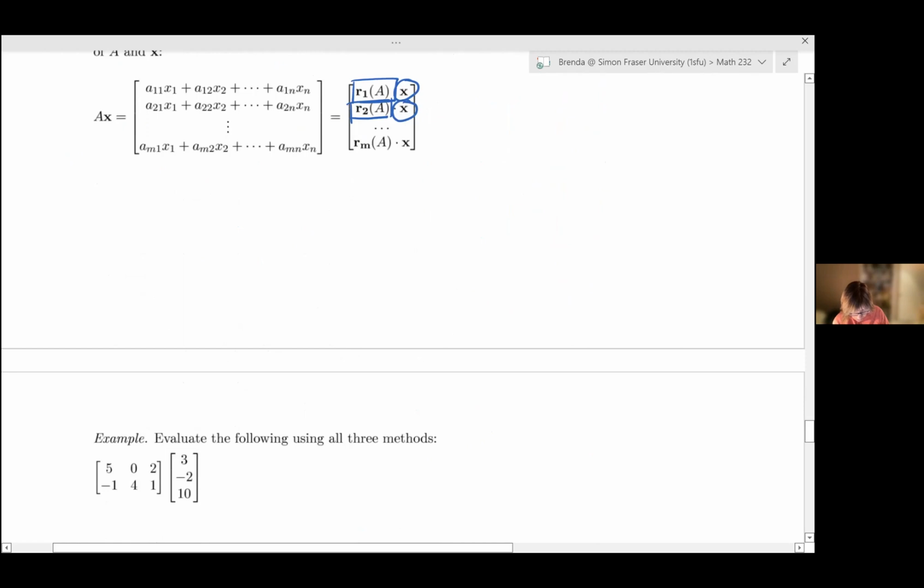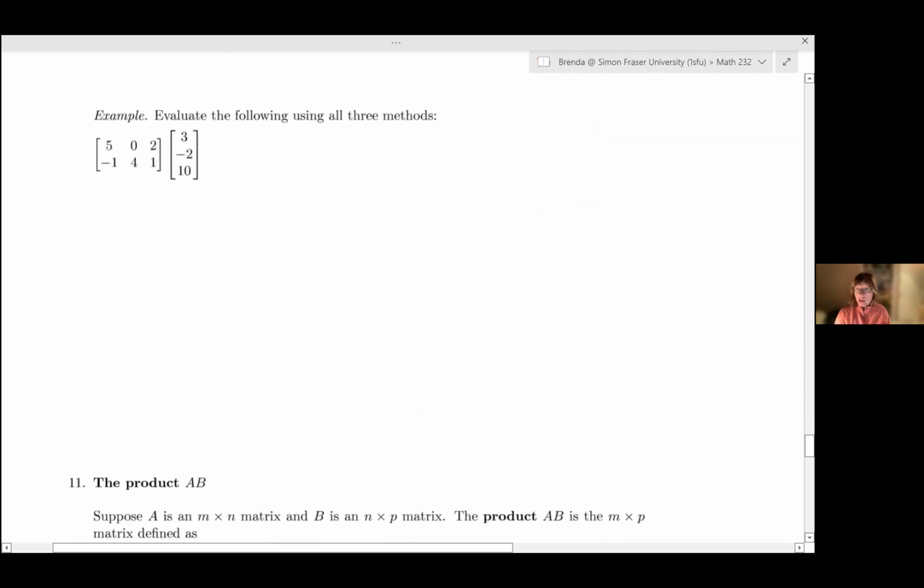We'll do an example. We're going to evaluate the following using all 3 methods. Of course, good time to stop, try to do this multiplication yourself, and see that you get the correct answer. So I'm thinking row 1 into column 1, going by the definition.